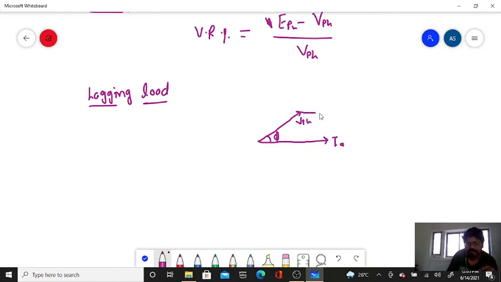The IaRa drop will be in phase with this current, and IaXs is with j, so it will be at 90 degrees from here, and this will be our EPH, and this is the IA axis.